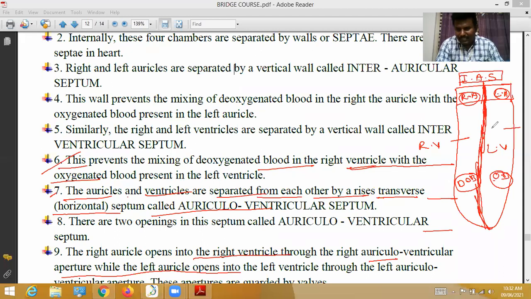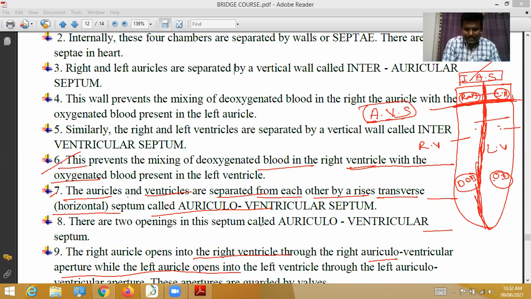It is present in between the auricles and ventricles, and it horizontally separates them. That's why it is called the auriculoventricular septum. So we have the interauricular septum, the interventricular septum, and the auriculoventricular septum.